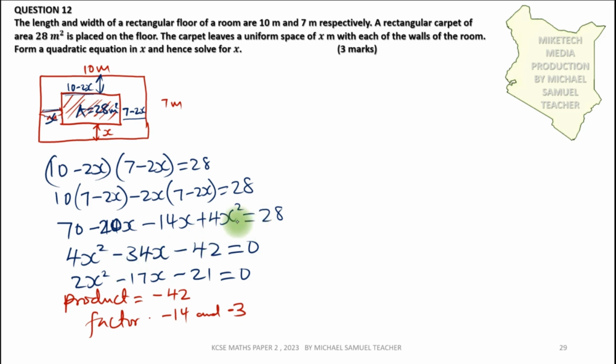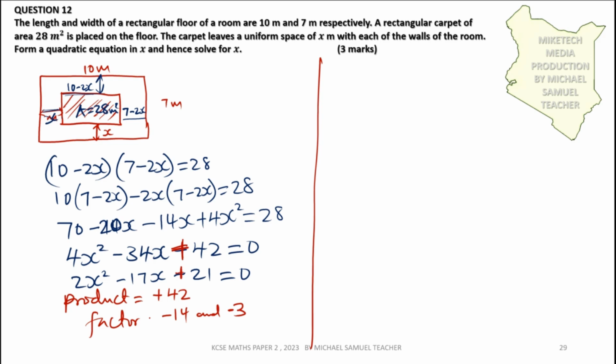Remember, this is 70 minus 28, so this will be plus, and this is plus. So minus 14 times minus 3 is positive 42 when multiplied. When added, we get minus 17: minus 14 minus 3.